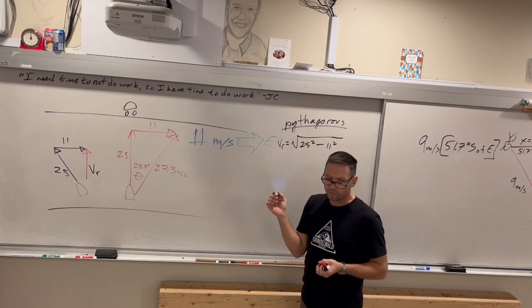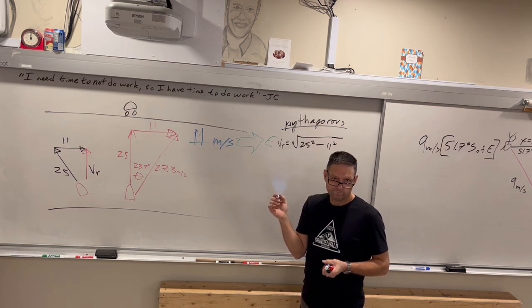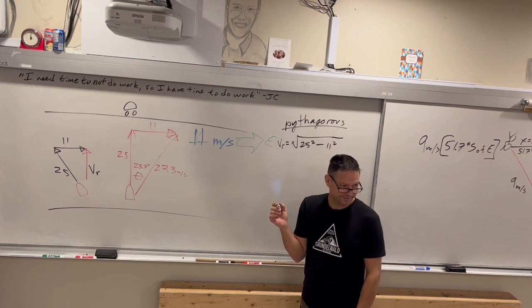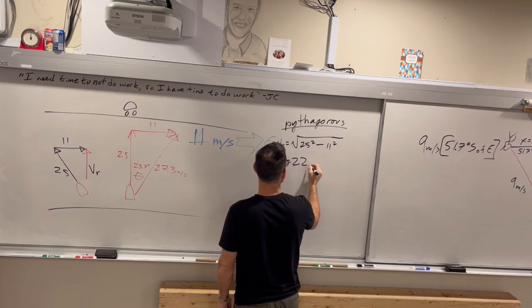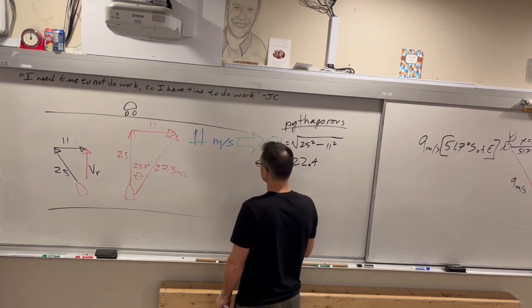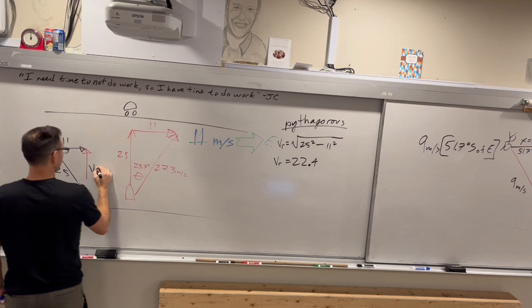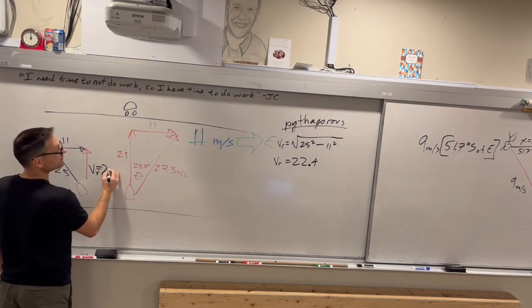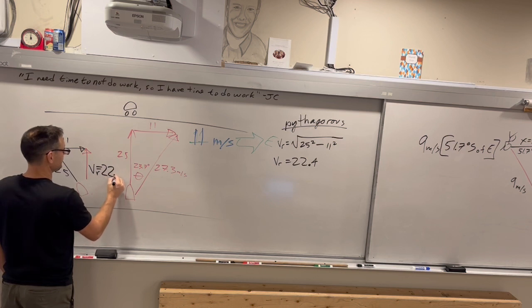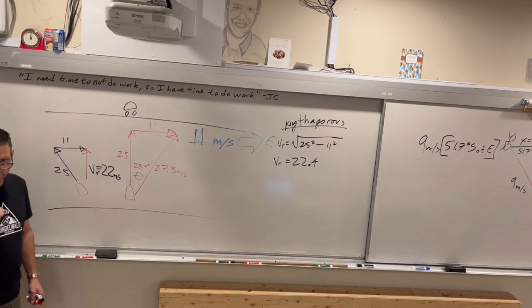The square root of 504 would be like, 22.44. I trust Aveen. So my resultant speed is approximately 22 meters per second.